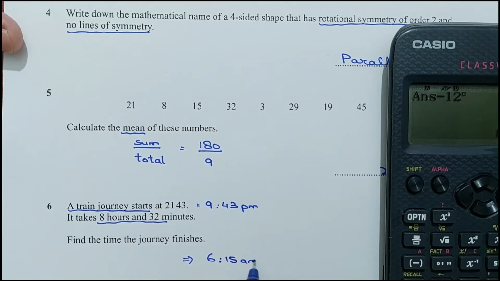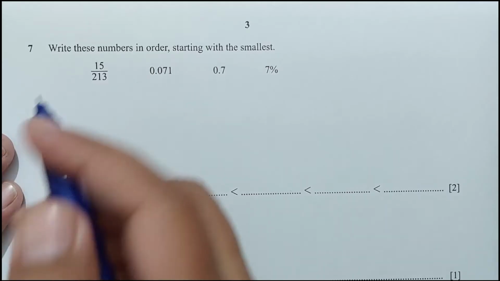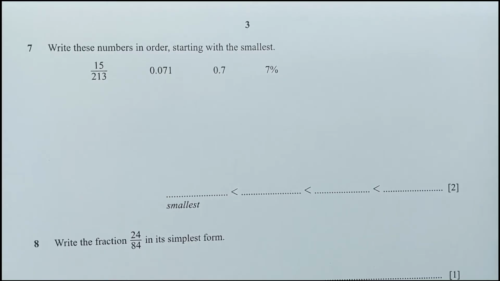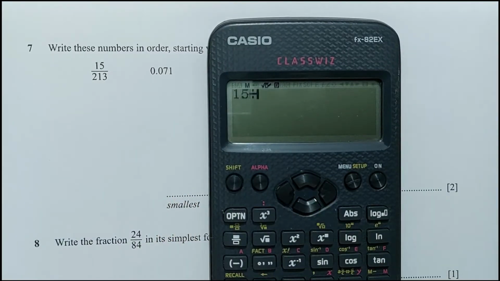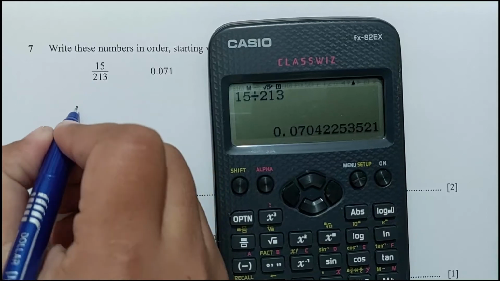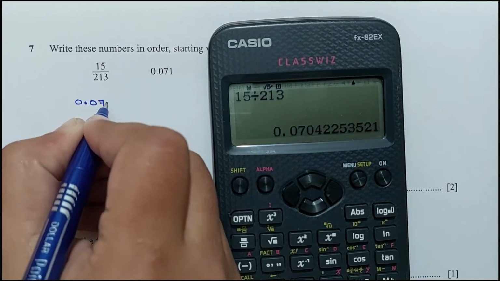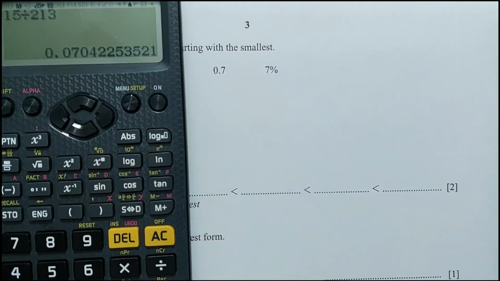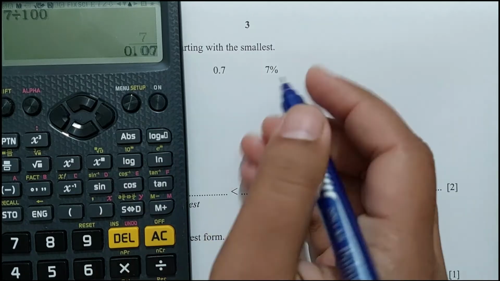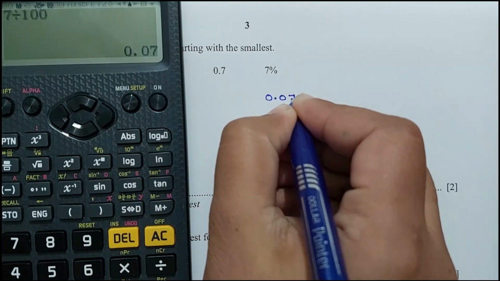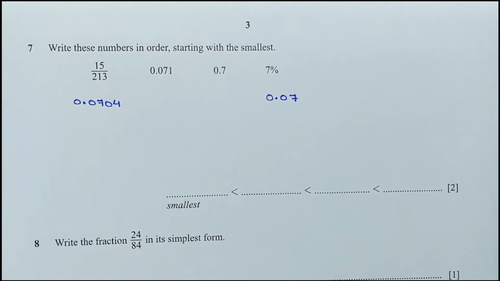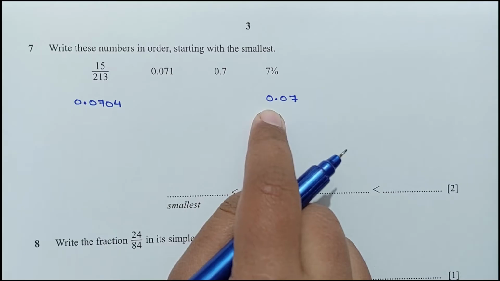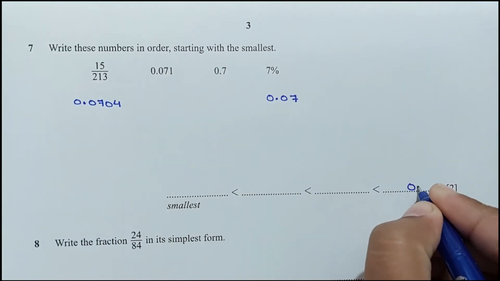Right. Question number 7, write these numbers in order starting with the smallest. Okay, let me convert all of them into decimals. 15 over 213 is 0.0704, this is 0.071, this is 0.7, and 7% is 0.07, right? So which one is the smallest? 0.7 is the largest one, right?